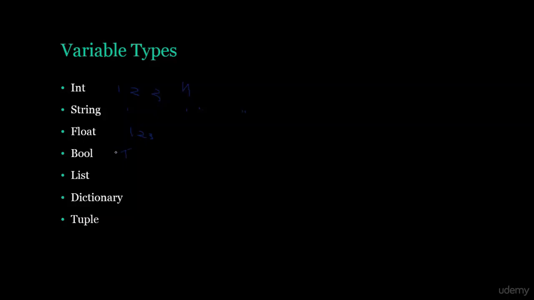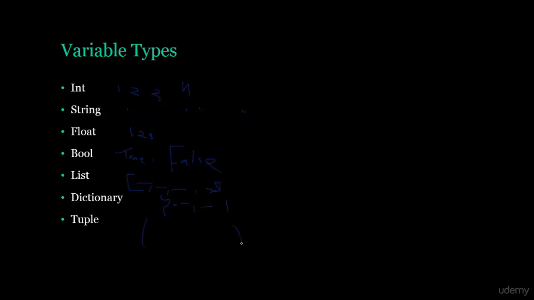Bool, it is only true or false. List, it is a list of values here like this. Dictionary, it is a list of values. Tuple, it's also a list of values.